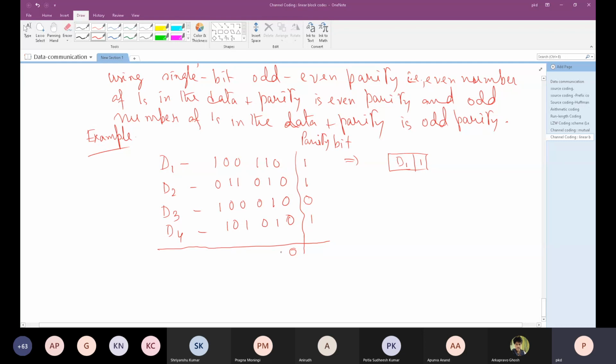This is also odd parity. This is even parity. Odd parity, even parity, even parity. So this is the one which we call row parity, and then there should be column parity.